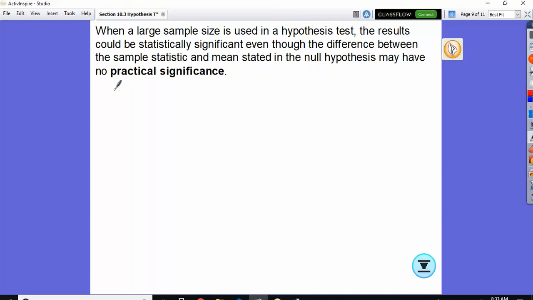There's a statistical difference, but in actuality, that difference really doesn't mean much. I'm not going to test you over this. I'm not going to give you a test and say, was this a practical difference or not? But I just wanted to illustrate that in this next example.